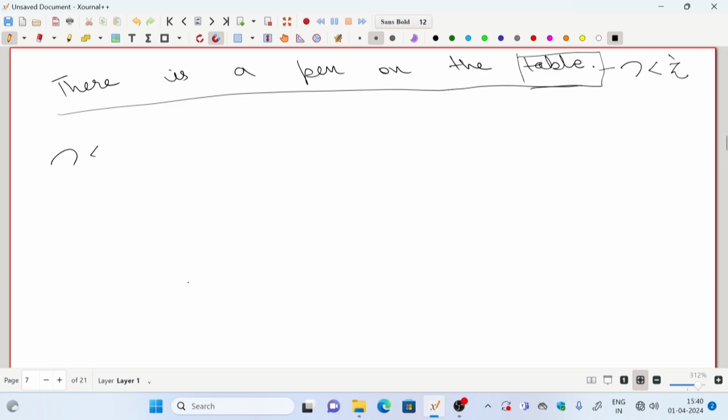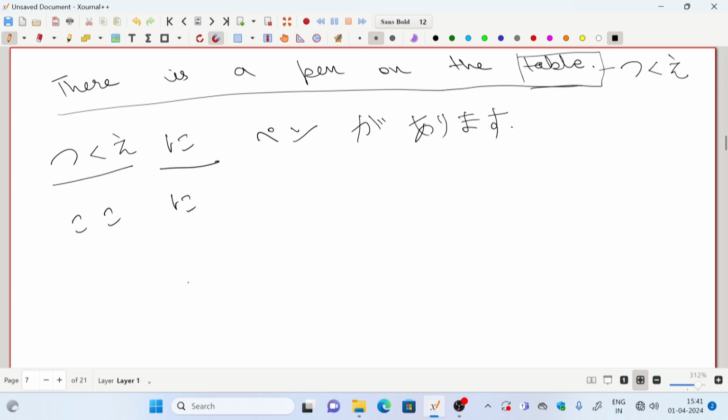So, tsukue and then the location particle ni. Tsukue ni pen ga arimasu. Instead of tsukue, we can also write koko ni pen ga arimasu.